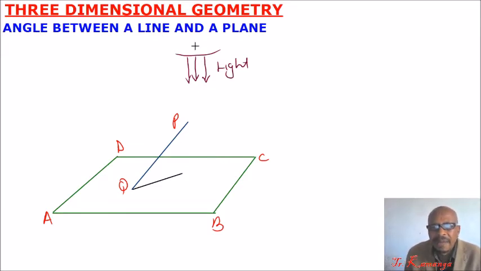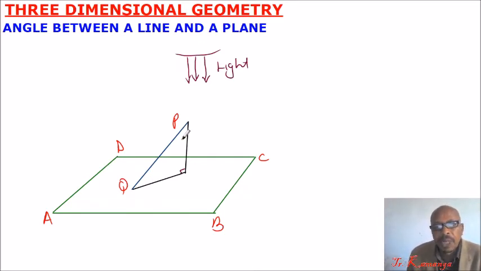Because the light is directly on top of the line P, or point P, we can drop a line there which will touch the shadow here. That shadow will make a right angle with the line that is dropping from P.